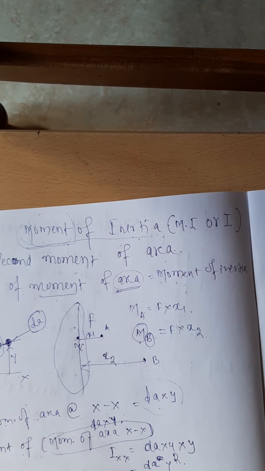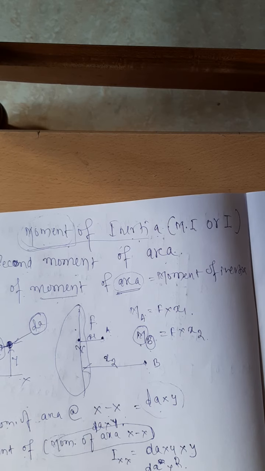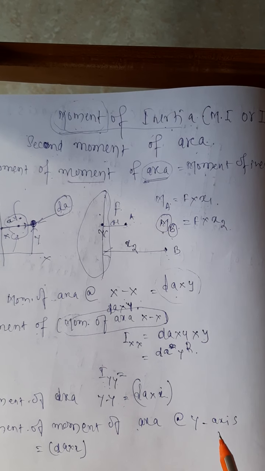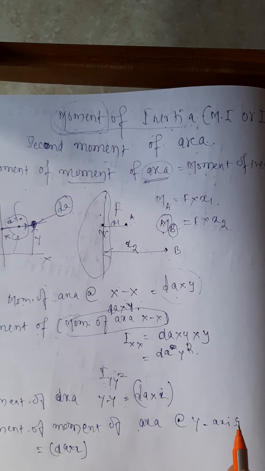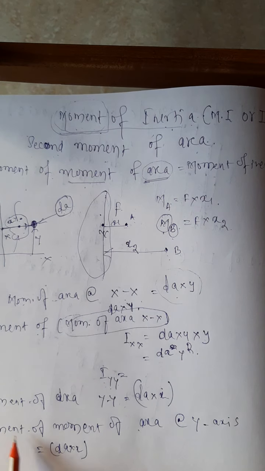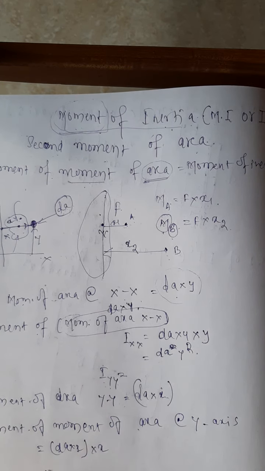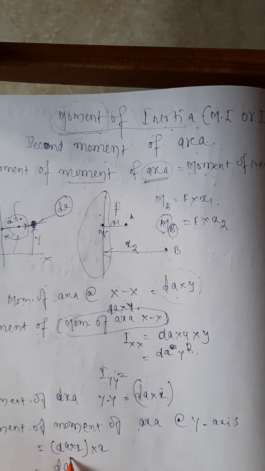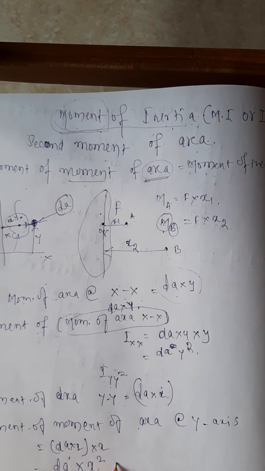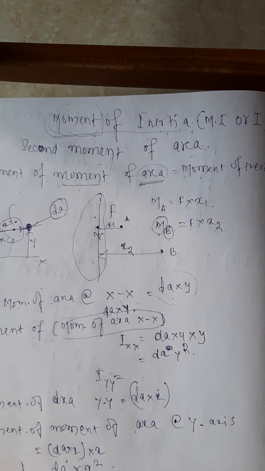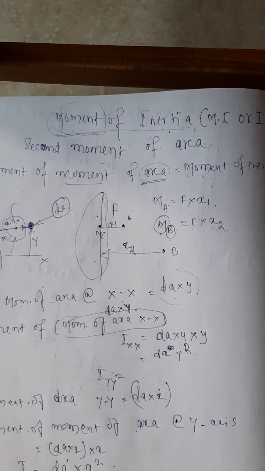This is only the first moment. One more moment I need to take for this particular area, that is dA into x, which gives dA into x squared, the moment of inertia of the small area about the y line.